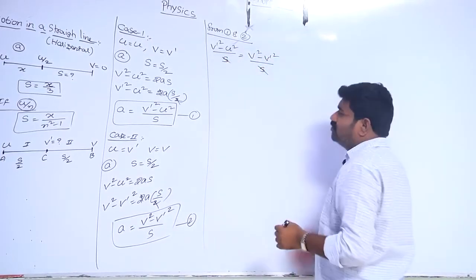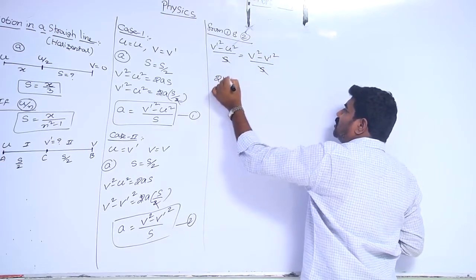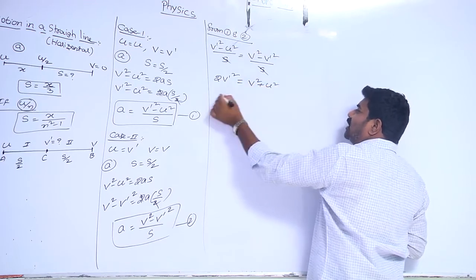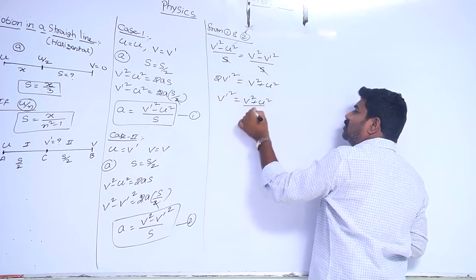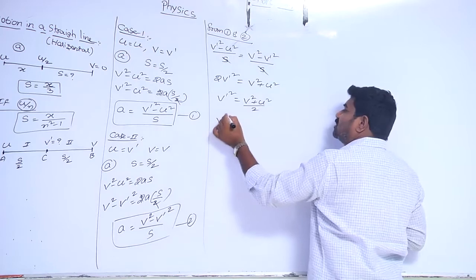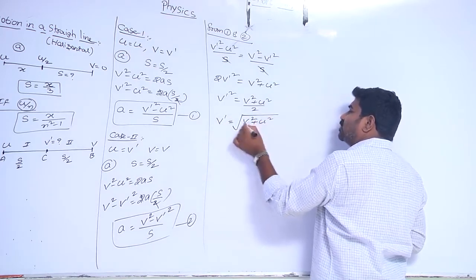S is cancelled, and taking all v dash values to one side, 2 v dash square is equal to v square plus u square. V dash square is equal to v square plus u square by 2. Therefore, the velocity at the midpoint is equal to the square root of v square plus u square by 2.